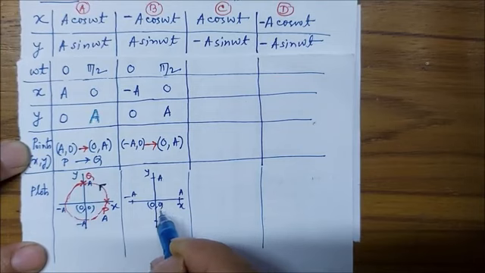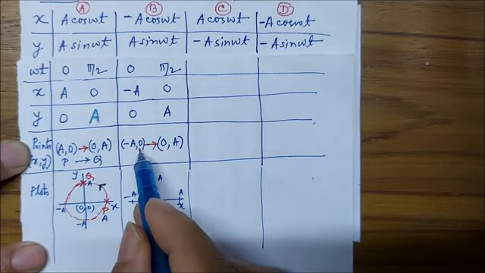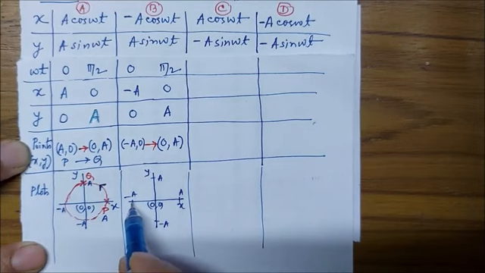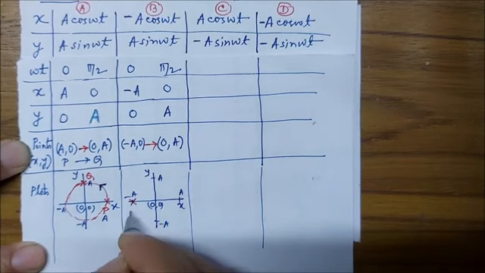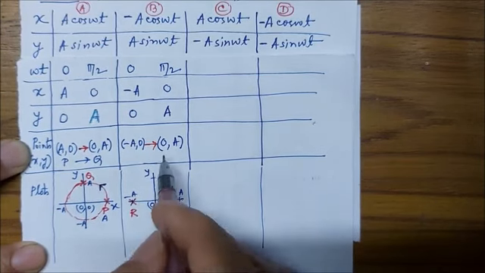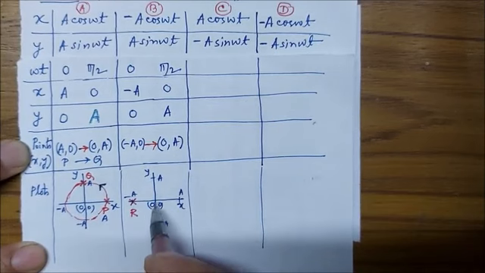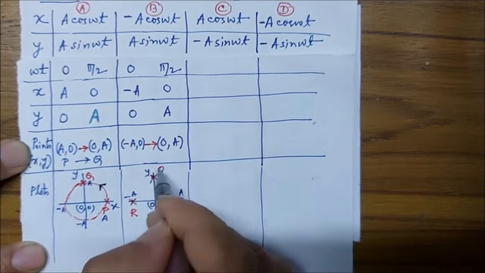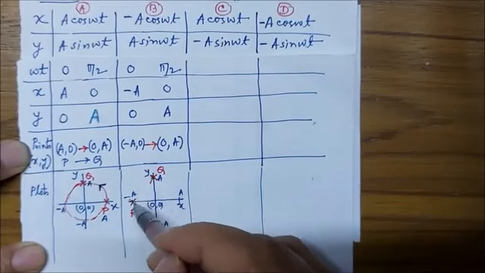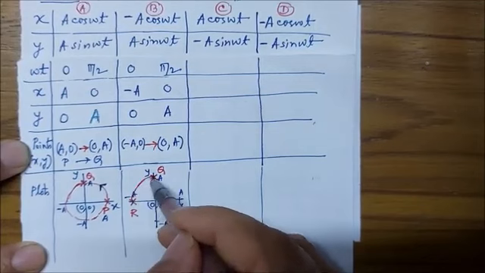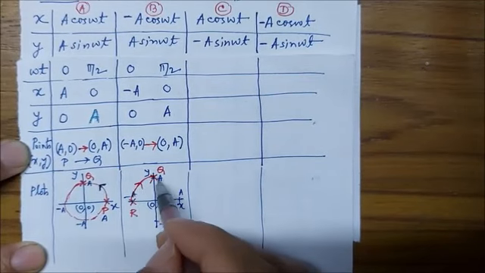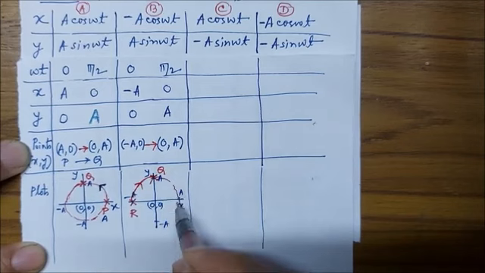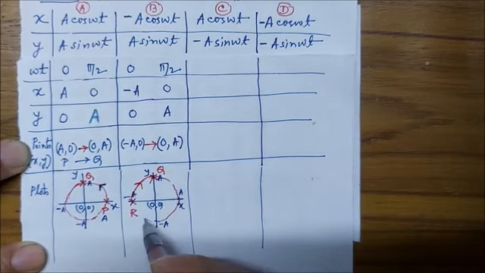Let us identify (minus a, 0), which is this point, minus a along x and 0 along y, and let us call this point R. The point (0, a) is 0 along x and plus a along y, which is Q. So the motion is now in this direction, and we can just join the points by a circular track.